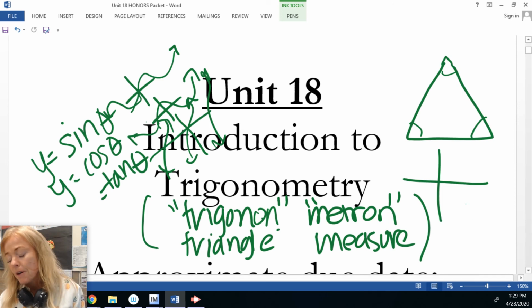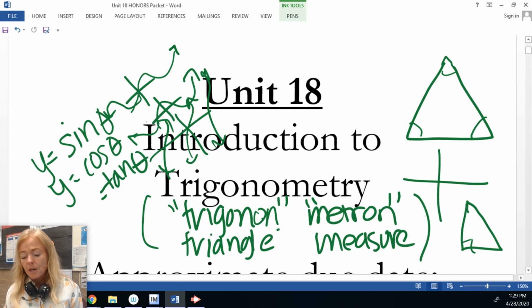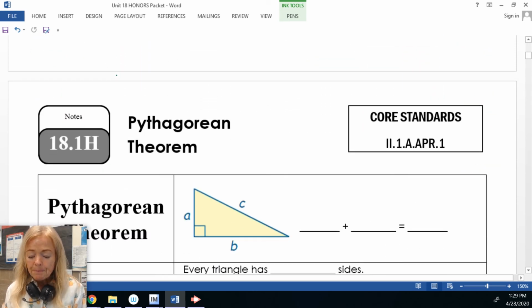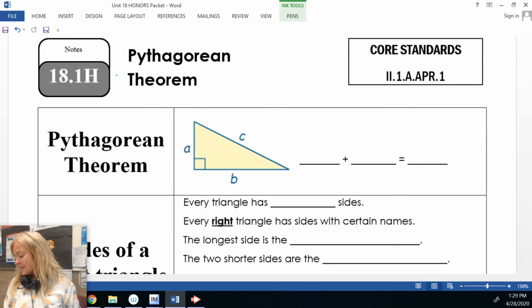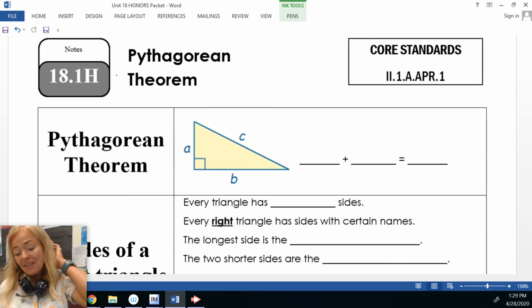But for our start, and what sines, cosines, and tangents are most generally used for, are right triangles. So with that introduction, I'm really excited about doing trigonometry. It's one of my favorite types of classes to teach, and I love it.